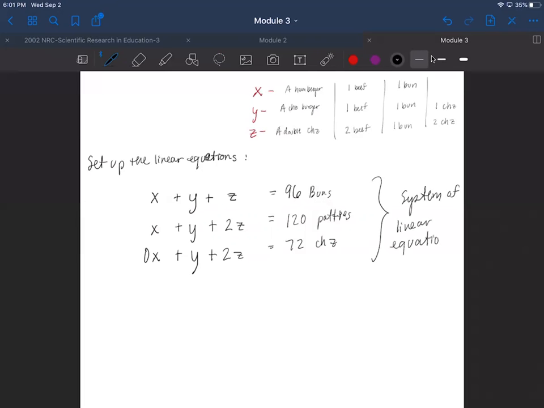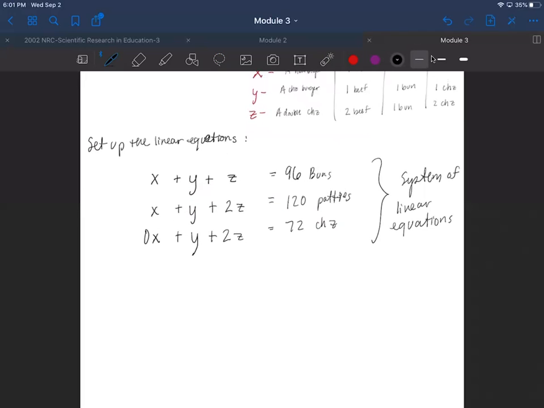Now, in section 2.5, we've learned that using our graphing calculators and setting up matrices, we are able to figure out the point of intersection.